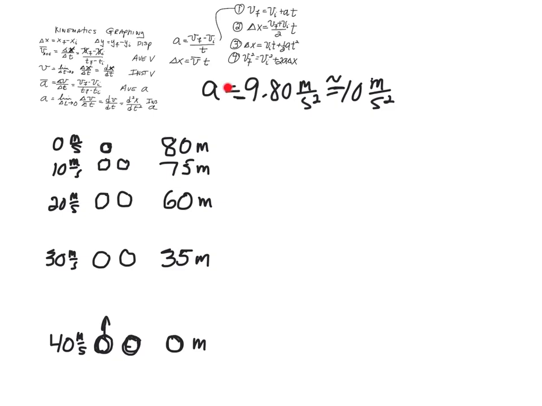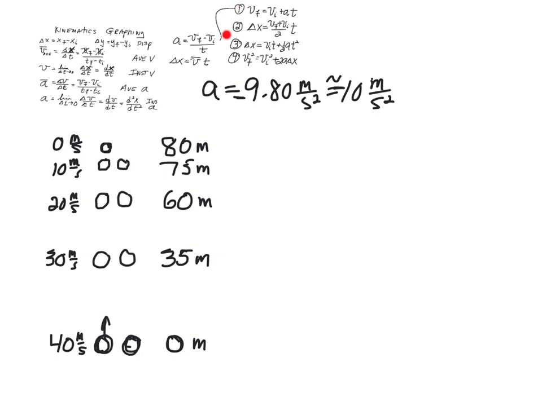Since we know that the acceleration is negative 10 meters per second squared, after 1 second it's going to be 30 meters per second. 2 seconds later, it will have dropped by another 10 meters per second, so it'll be 20 meters per second, 10, 0, and then it will come back down negative 10, negative 20, negative 30, and 8 seconds later, I'll catch the ball coming down at a speed of 40 meters per second.